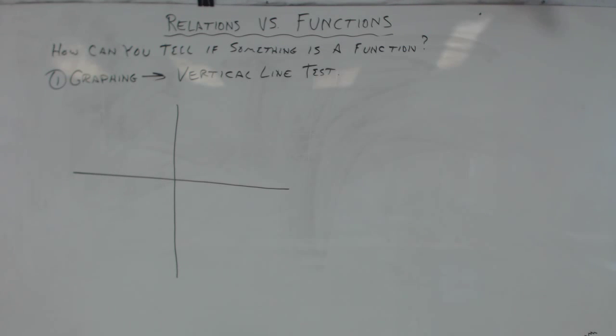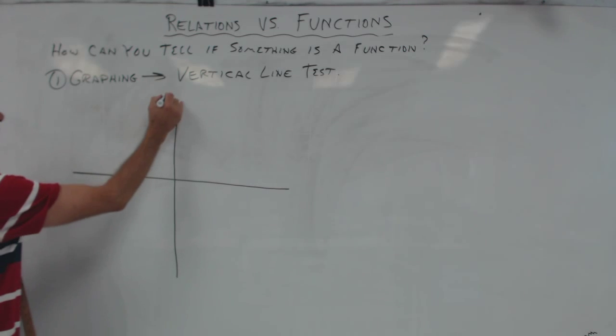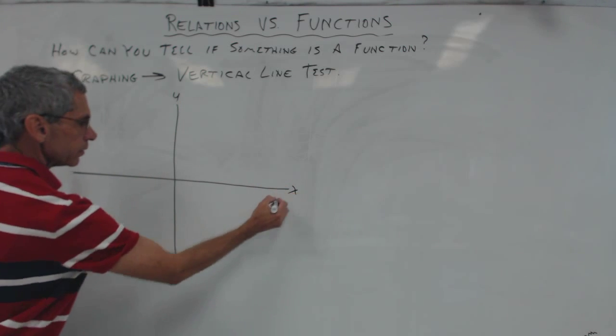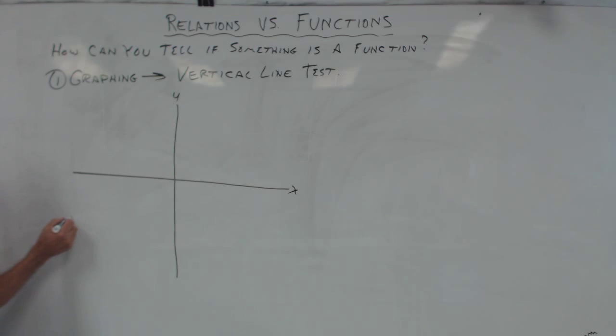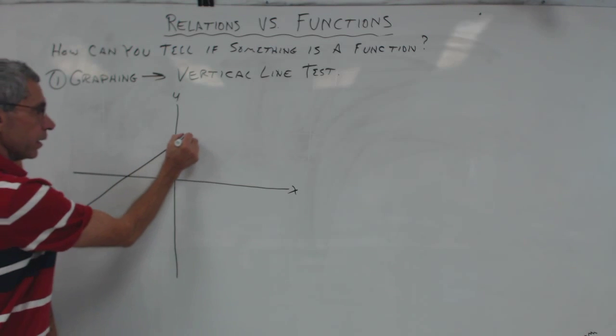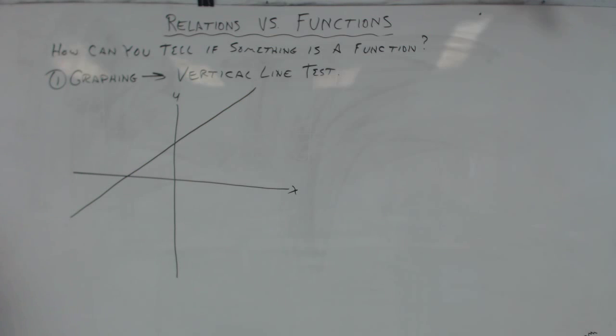Okay. Lovely, perfectly drawn graph there. So if this is my y and this is my x, and I have a straight line, and I want to know, is that a function?